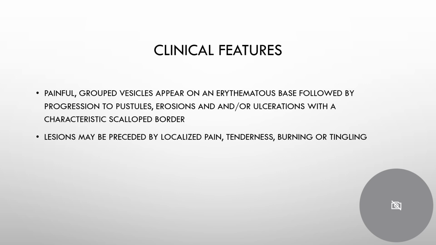They then erupt and form erosions or ulcerations on the skin and have a typical punched out appearance, otherwise a scalloped border. The lesions can be preceded by a prodrome of an area of tingling, burning, or painful sensation before the lesions appear clinically.